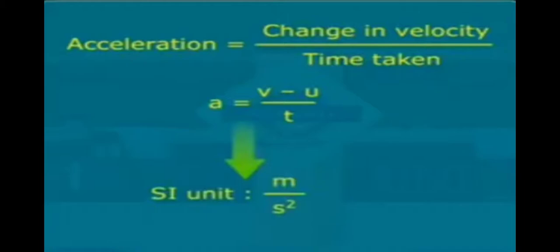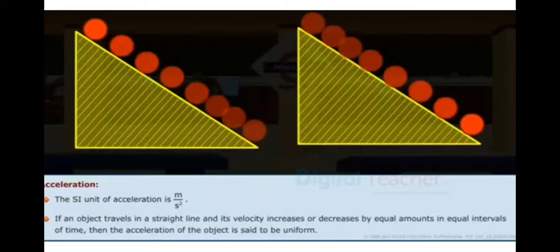If an object travels in a straight line and its velocity increases or decreases by equal amounts in equal intervals of time, then the acceleration of the object is said to be uniform. The motion of a free falling body is an example of uniformly accelerated motion.